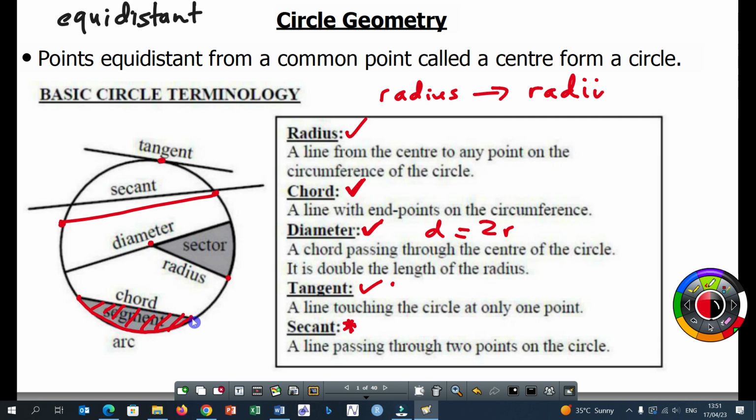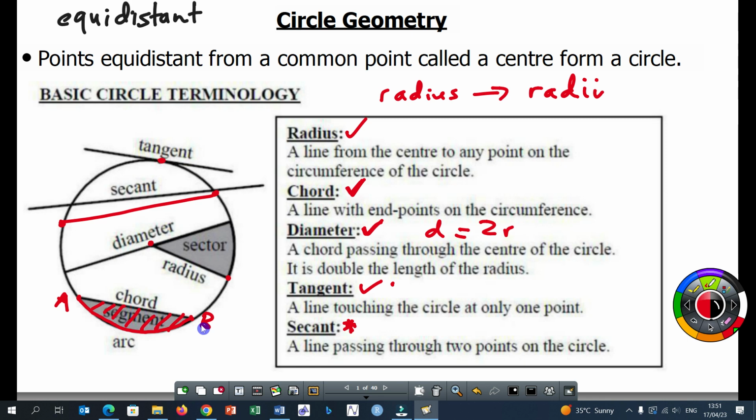An arc is a distance on the circumference between the endpoints of a chord. So you can have this as point A and that one as point B. So here we have got chord AB. We also have arc AB. An arc is just a part of the circumference.